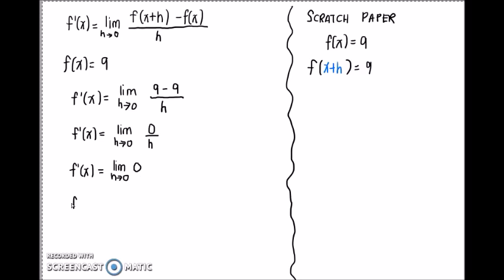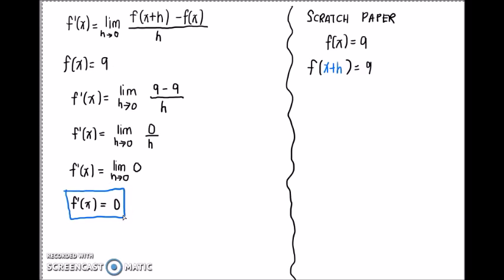Therefore, the derivative of f of x is equal to 0. Ibig sabihin, our final answer is this one. So the derivative of f of x equals 9 is equal to 0.